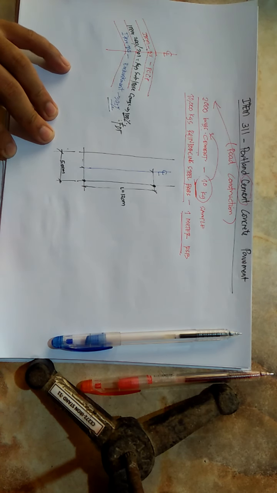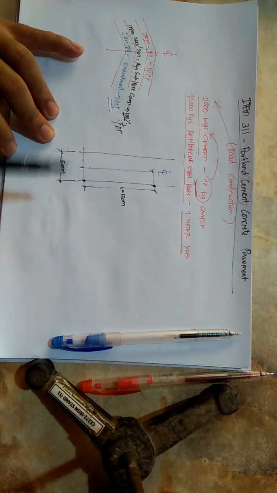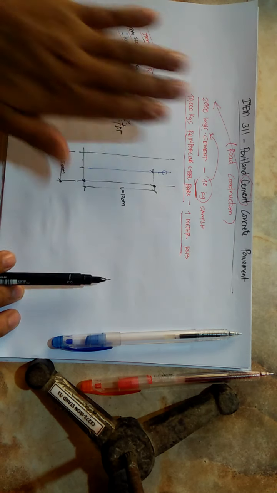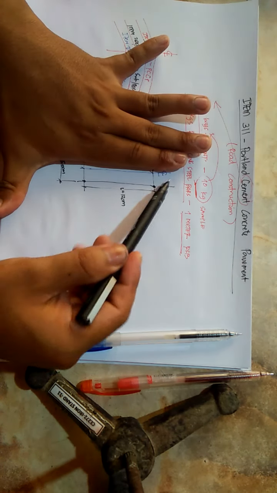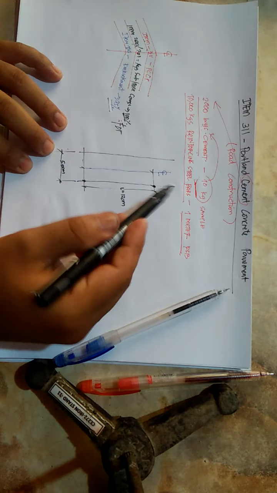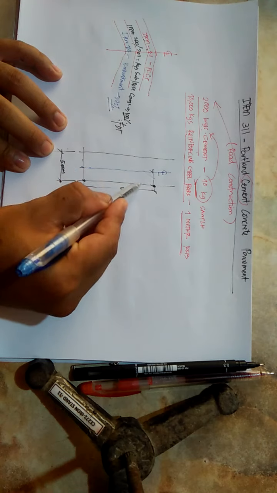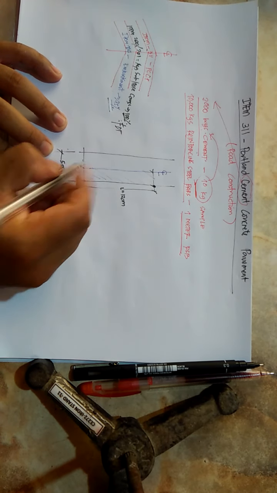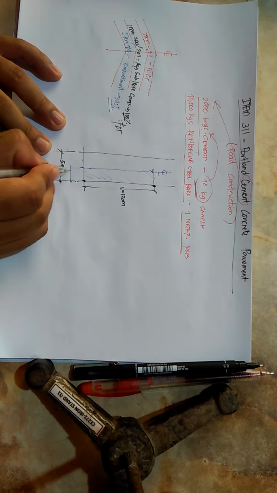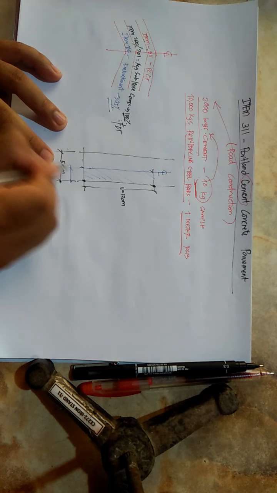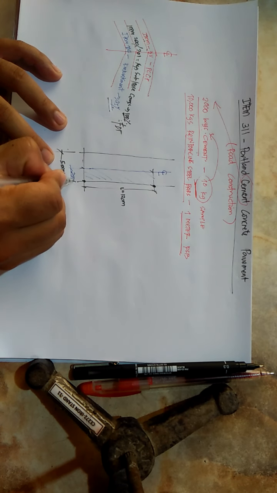Kasi later on, maglalagay tayo ng mga bakal yan. Yeah, that's why I will not consider that this isang lane muna yung consider natin. This lane. This portion of lane. Ito yung consider lang natin. Okay? Yan yung consider natin. And the half of this, ang half ng 5.0 meters is 2.5 meters.